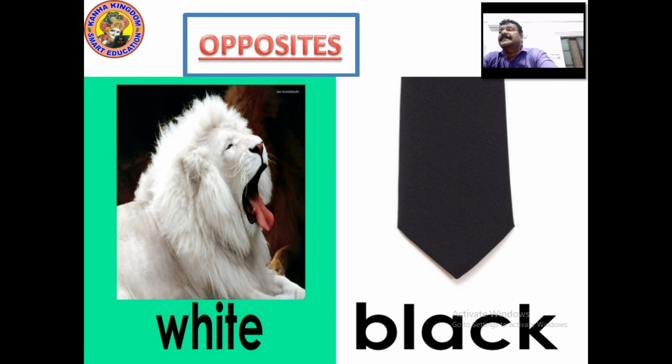You can identify that this is a black tie, which you wear on the neck. Here this is a white lion. We are looking at the description of white. Look at black, B-L-A-C-K, black. So white's opposite is black, black's opposite is white. Please write it down.